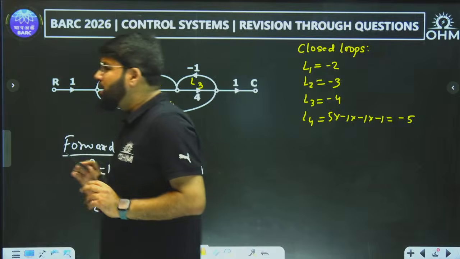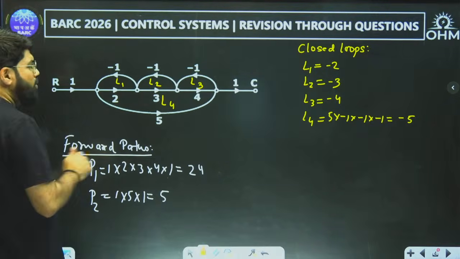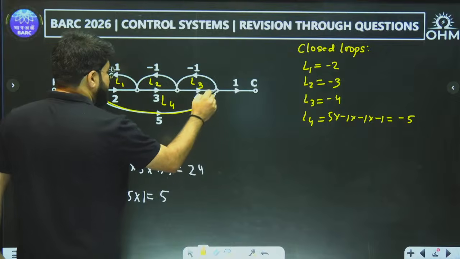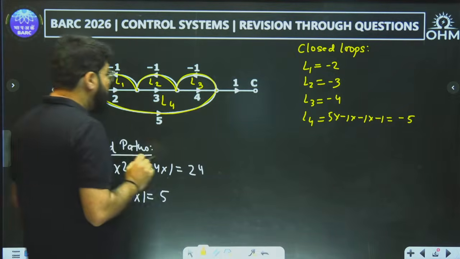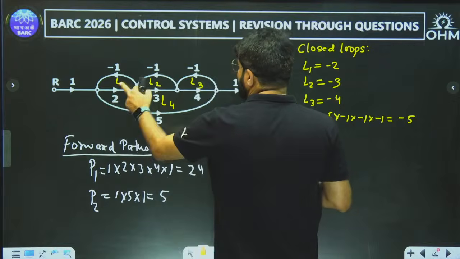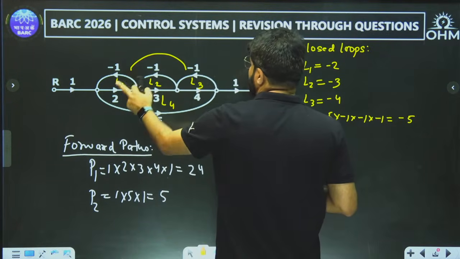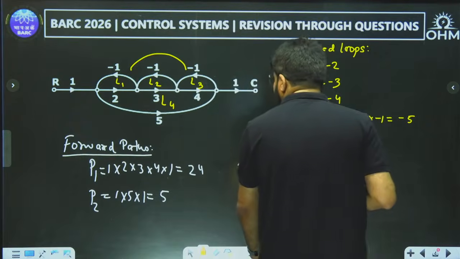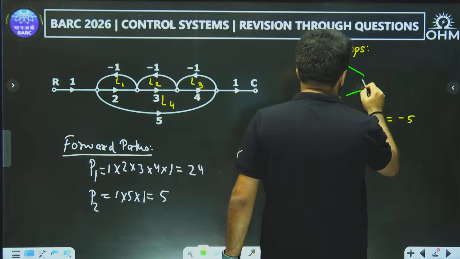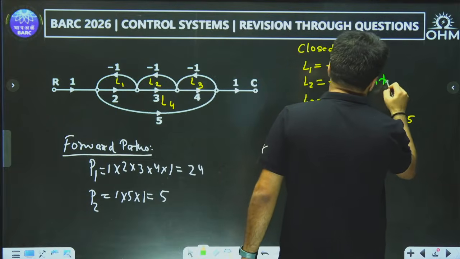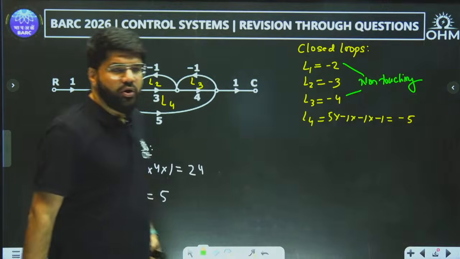Now, I hope you can clearly observe that this bigger loop L4 touches L3, it also touches L2, it also touches L1. But L2 also touches both L1 and L3. L1 and L3 are the 2 loops which are not touching each other, very clearly visible. So L1 and L3 are non-touching to each other.